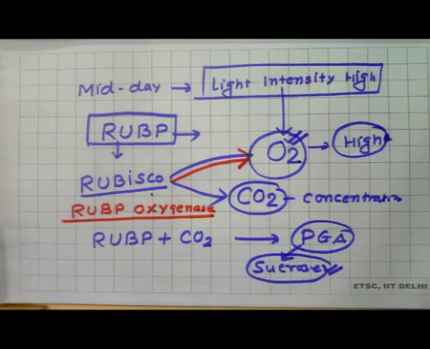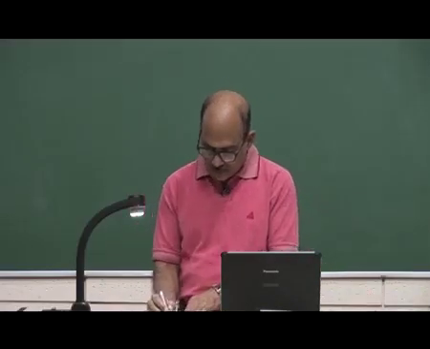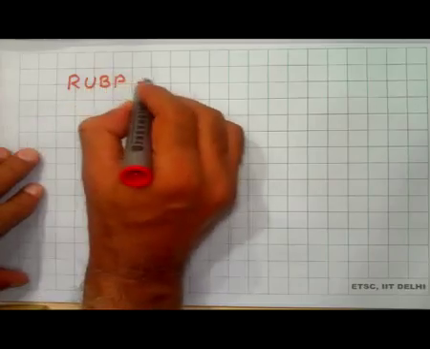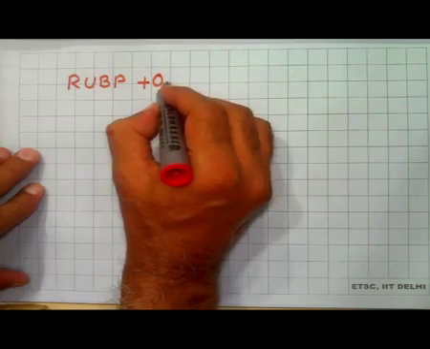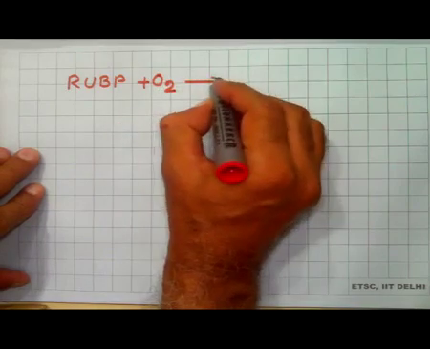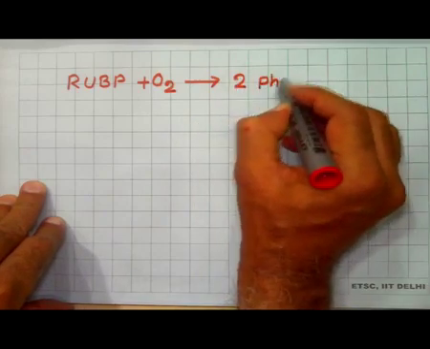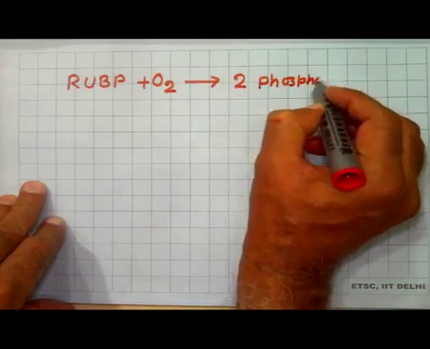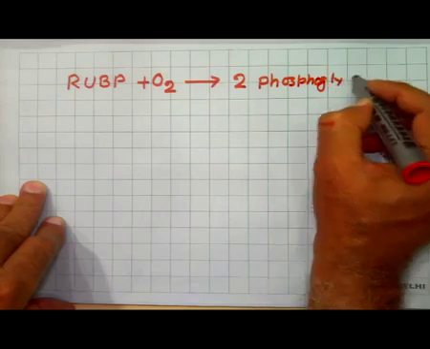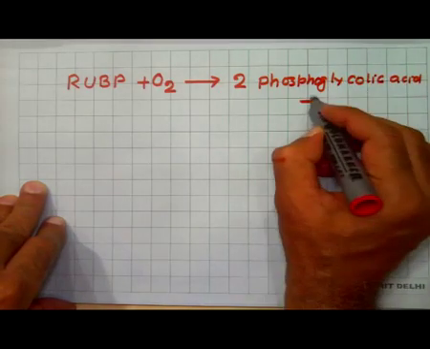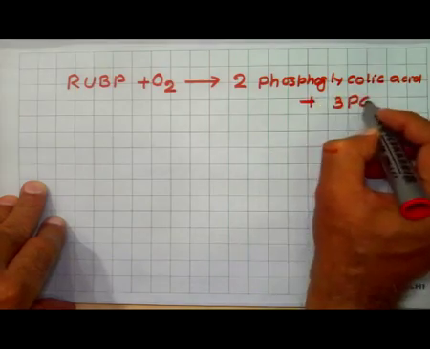So, in this case what happened? The RUBP combined with oxygen forms 2-phosphoglycolic acid and 3-PGA.